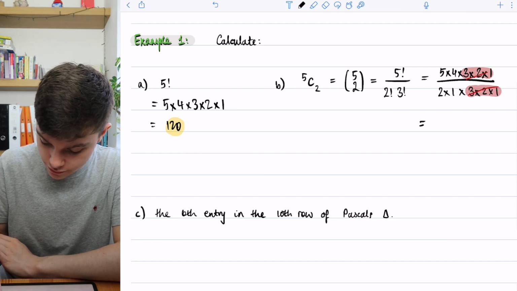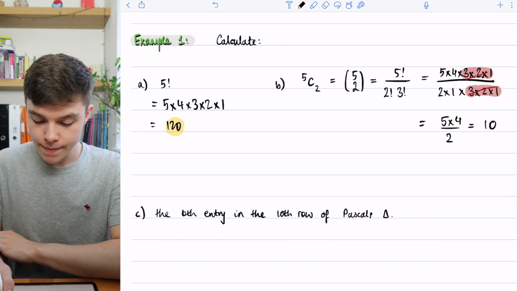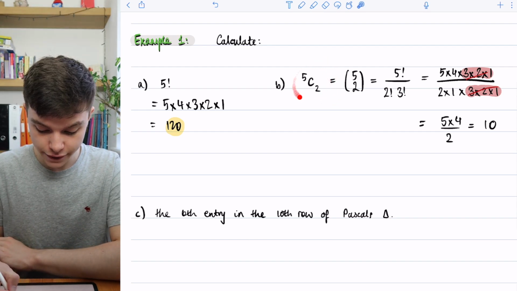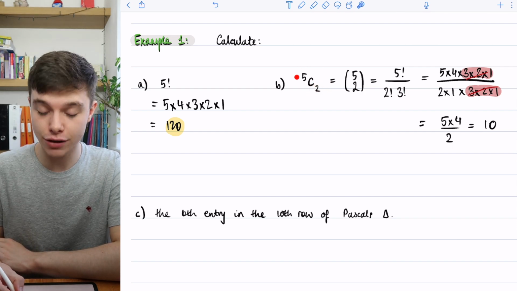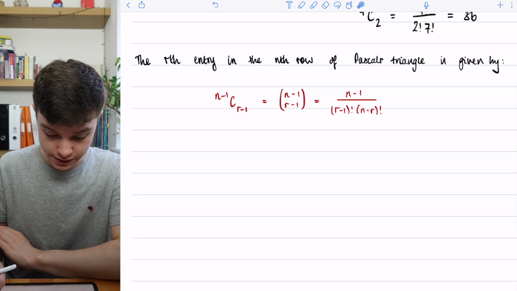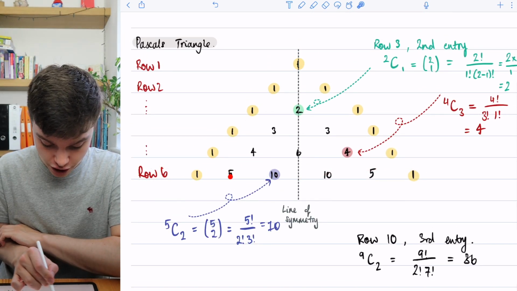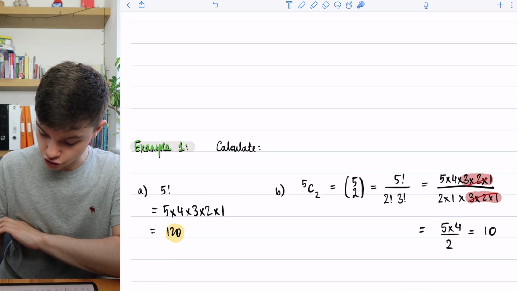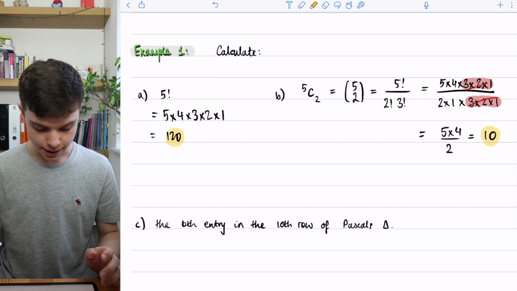And then we've got 5 times 4 divided by 2, which is 10. And remember what this says: 5 choose 2 is the 3rd entry in the 6th row of Pascal's triangle. Let's have a look at that. The 6th row is this row here, and the 3rd entry is 10, which is just what we calculated there. Okay, so hopefully that makes some sense.